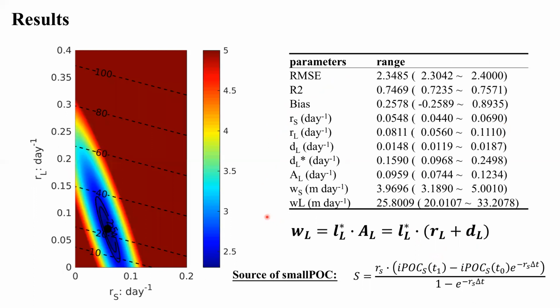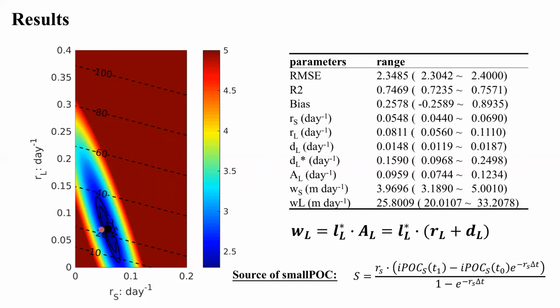To determine the remineralization rate, we plot the root mean square errors between the fitted and observed AOU. So the optimal values for these two parameters are represented by these black dots in this figure. For the small POC, it's about 0.05, and for the large POC, it's about 0.07.